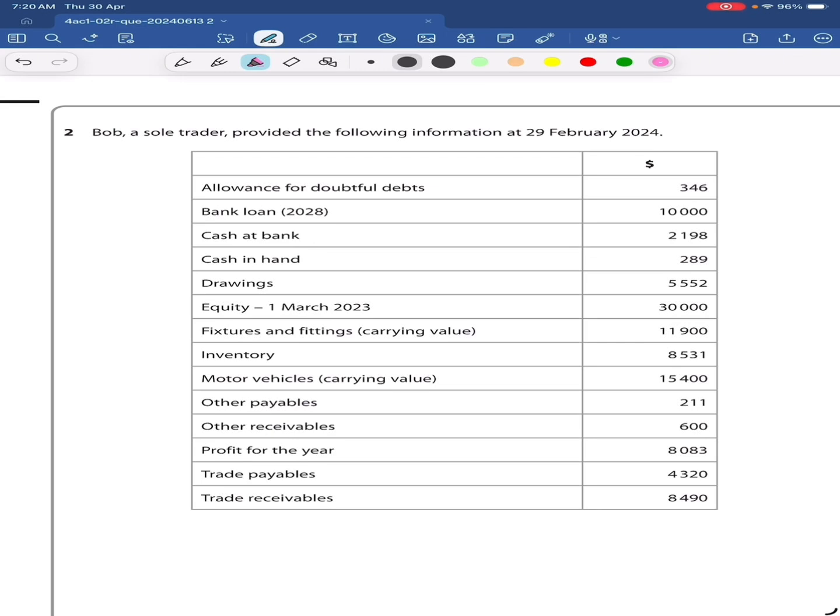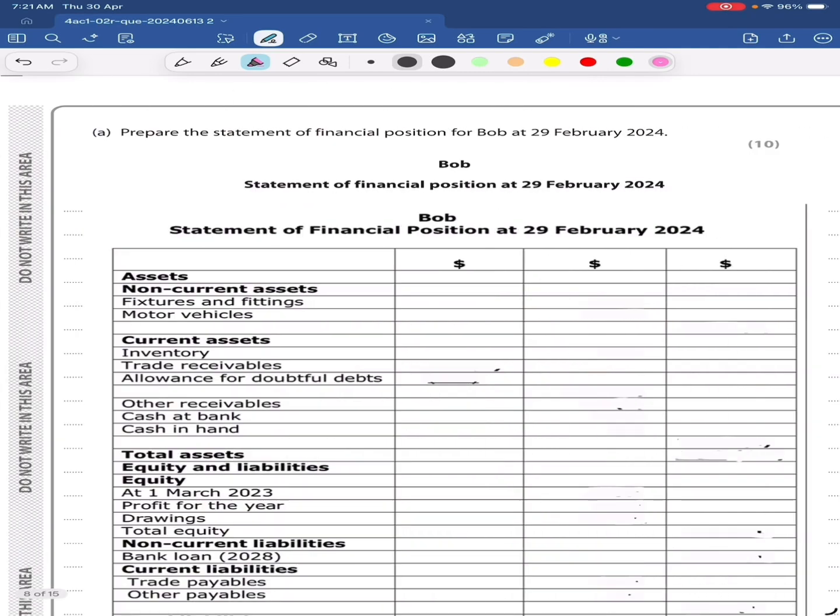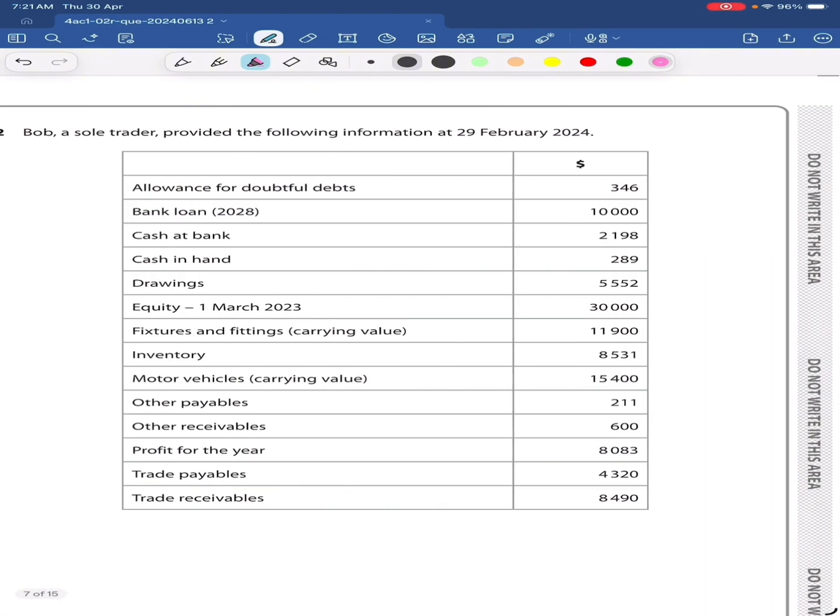Allowance for doubtful debts, bank loan, cash at bank, cash in hand, drawings, equity, fixtures and fittings, inventory, motor vehicle carrying value, other payables, other receivables, profit for the year, trade payables and trade receivables. You had been asked to prepare a statement of financial position for Bob at 29th Feb 2024.